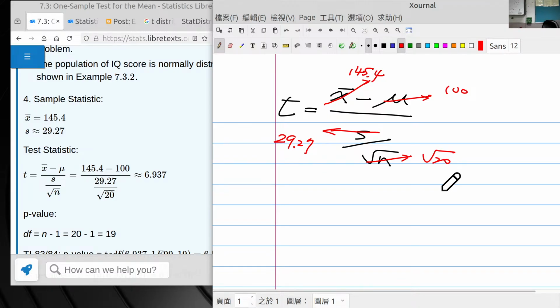Calculate this one, and you should get 6.937.